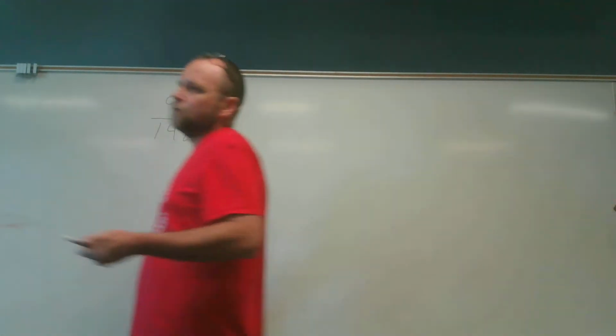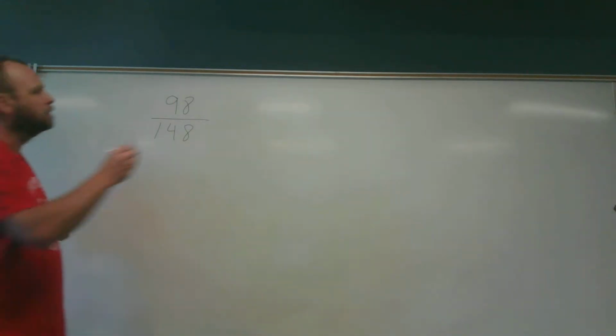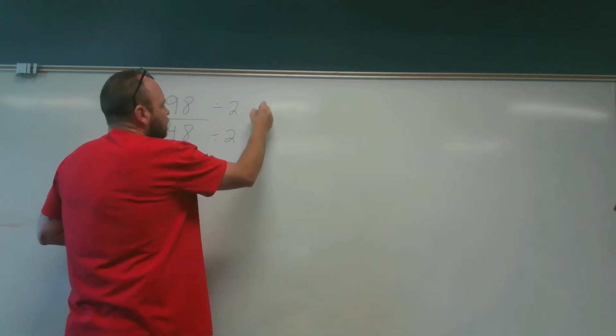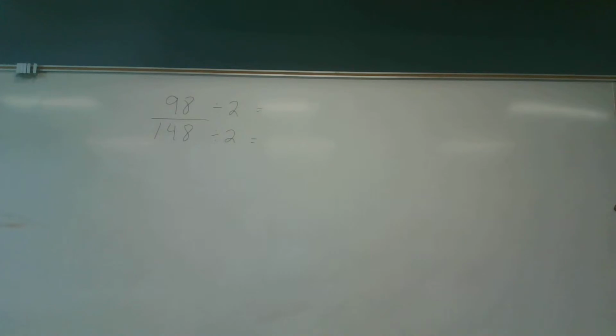Well, your teacher taught you the divisibility rules. So Joshua, can you tell me what both of these would be divisible by? 2. They're both even. So I don't have to draw out my chart and figure out every factor of each of these. If I divide them both by 2, I'm going to get my simplified numerator and my simplified denominator.